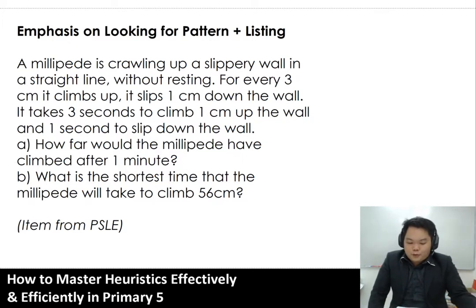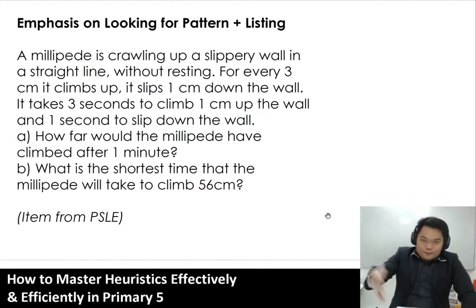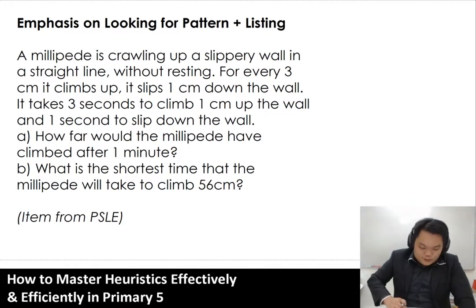How far would the millipede have climbed after 1 minute? And what is the shortest time that the millipede will take to climb 56 cm? So this is an item from PSLE. Unfortunately, I don't remember the year. It's definitely not as easy as it seems.